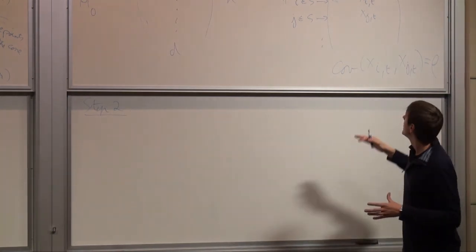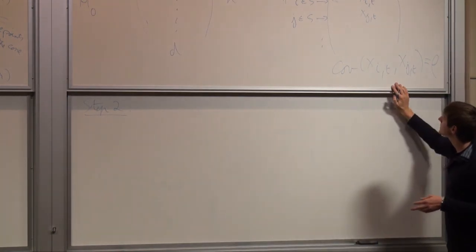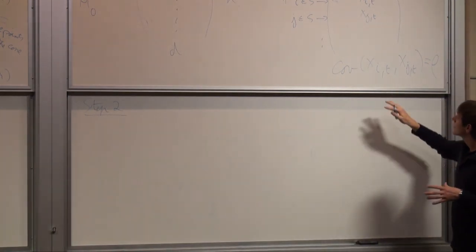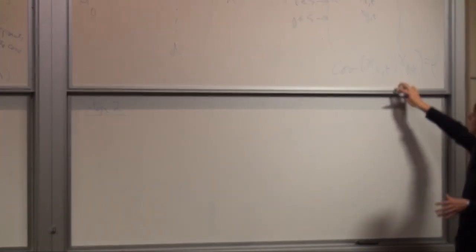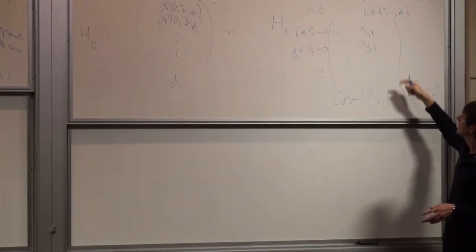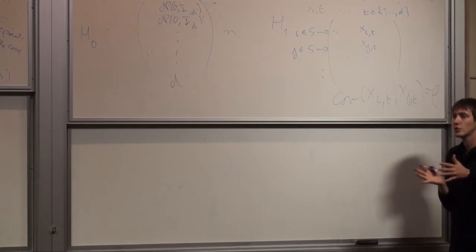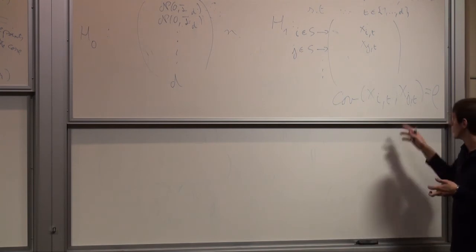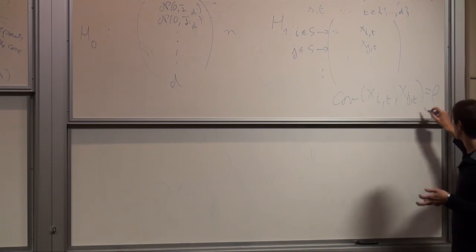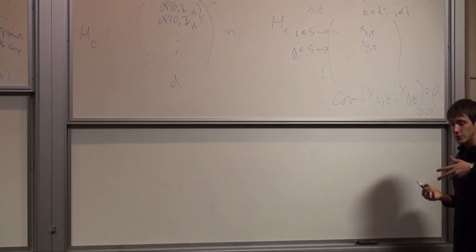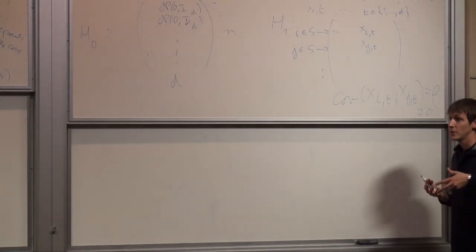Most of them are scattered uniformly, except that the K points which are contaminated tend to cluster together. Their coordinates have some non-trivial covariance, rho, which is positive, sorry. So they will tend to cluster together.